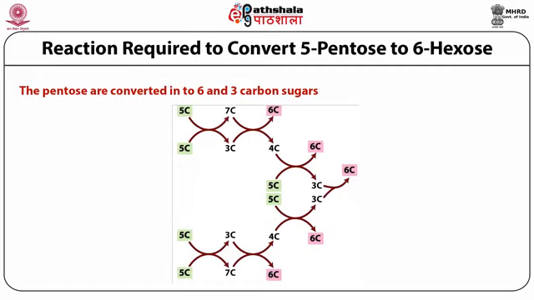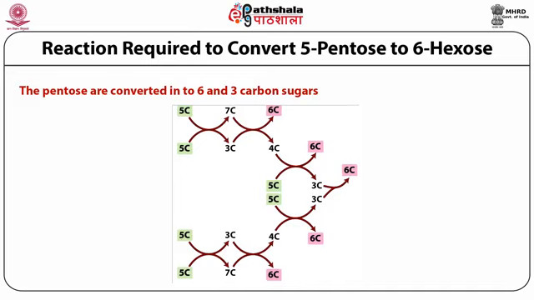The following figure shows the reactions required to convert 5-carbon pentoses to 6-carbon hexoses. The pentoses are converted into 6 and 3-carbon sugars. The way to decipher it is to remember 2 key concepts. First, either a 3-carbon unit, that is 1 reaction, or a 2-carbon unit, 2 reactions, are transferred between acceptor and donor molecule.